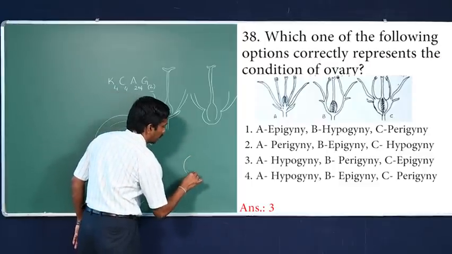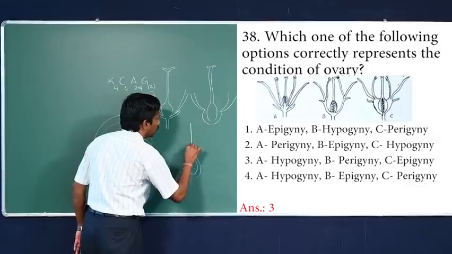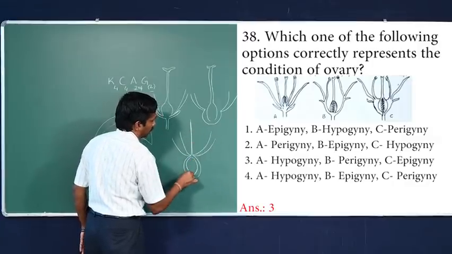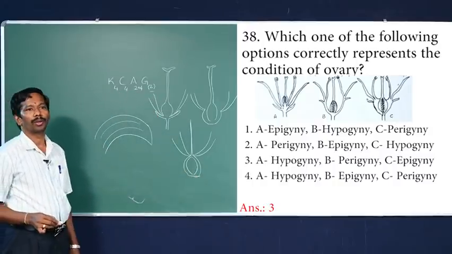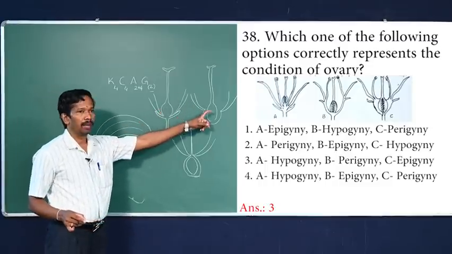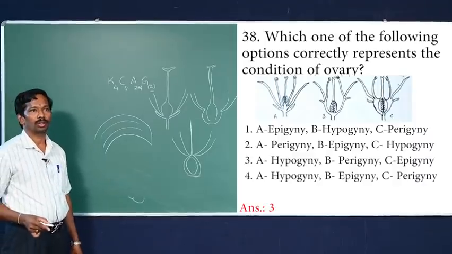And when thalamus completely encloses the ovary, and hence other floral parts are arising from above part of gynoecium, then it is called epigynous condition, inferior ovary. Answer should be 3. The diagram, that is hypogyny, perigyny, and epigynous condition. Answer should be 3 for question number 38.